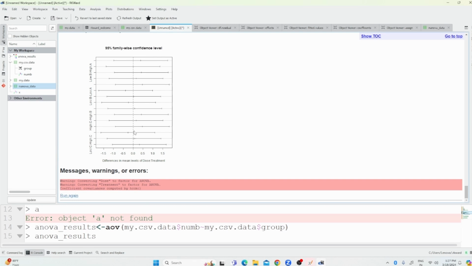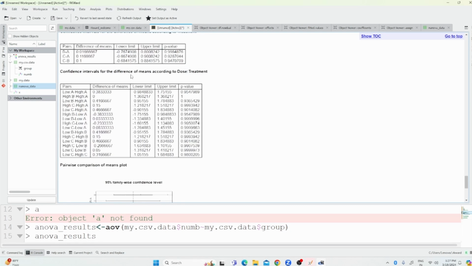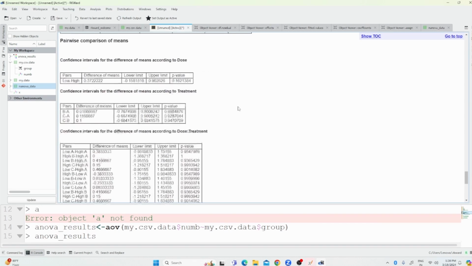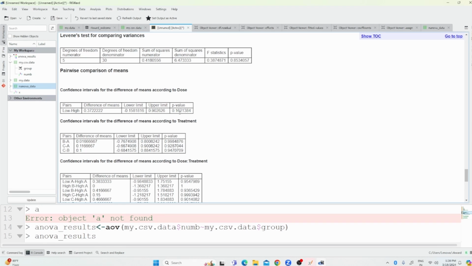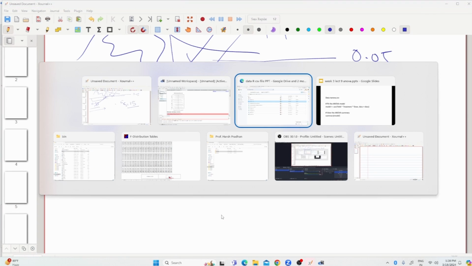See, 0 is lying in the confidence intervals, as we can see the lower limit and upper limit, and you can also see all of them are more than 0.05. All of them are more than 0.05 and the lower and upper limits contain 0.